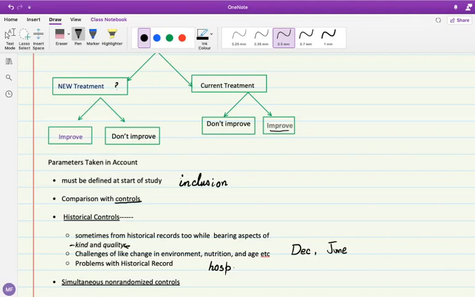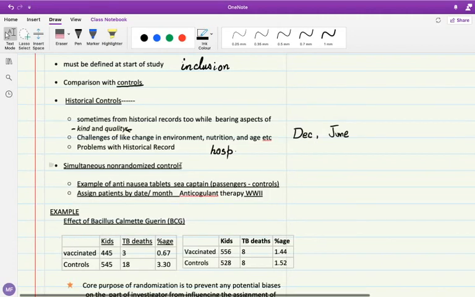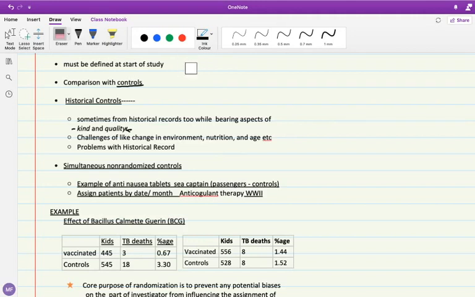And another thing, in contrast to historical controls, one could opt for simultaneous non-randomized controls in parallel. So what do we mean by simultaneous non-randomized controls? This is basically a control which is opted during the commencement of that trial.